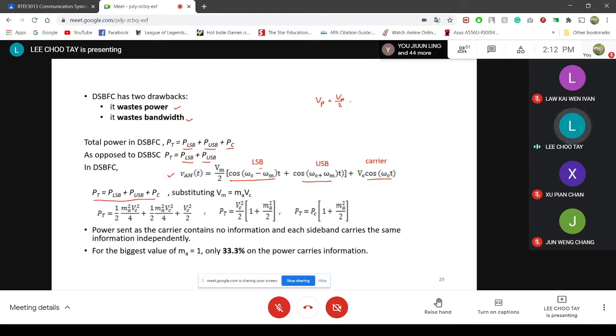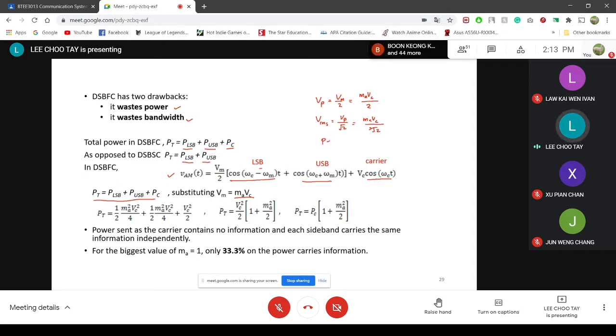If I convert Vm to m_a Vc, that means this is m_a Vc over 2. My VRMS will be V peak over √2, so that will be m_a Vc over 2√2.